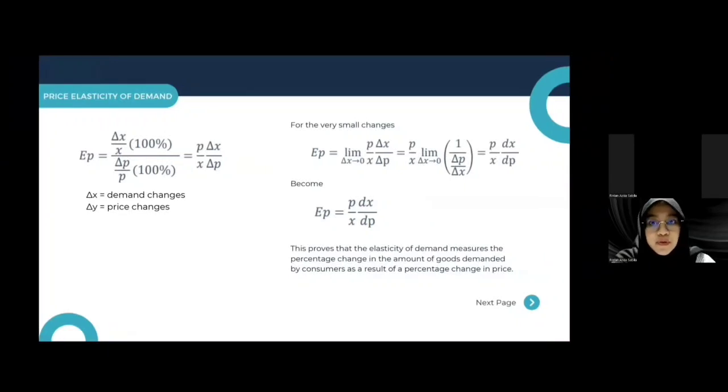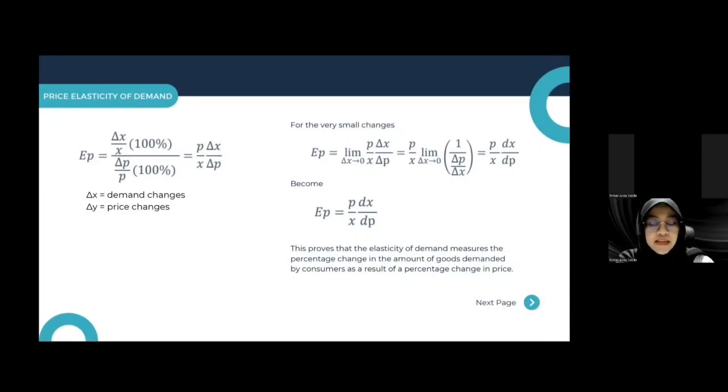Next is price elasticity of demand. For delta x equals demand change and delta y is price change. For very small change in demand, delta x becomes 0, so the elasticity of demand becomes a limit model, and the formula becomes EP equals P per x times dx per dp.